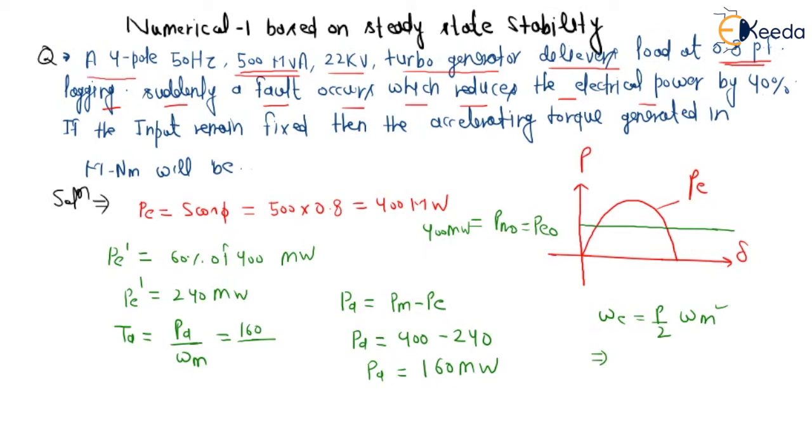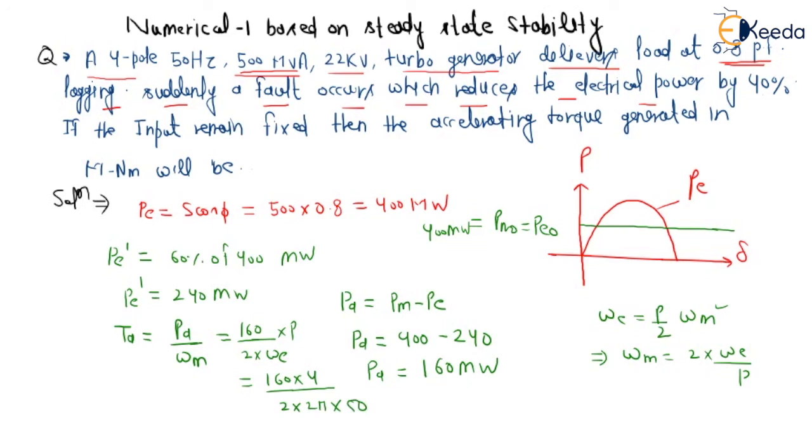So we can replace omega m with 2 into omega E by P. Putting this value, 160 into 2 into omega E by P. P value has been given as 4. So 160 into 4 upon 2 omega E, and we know that omega E is 2 pi F, means 2 pi 50.